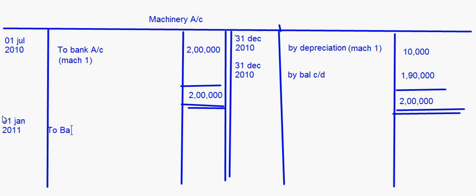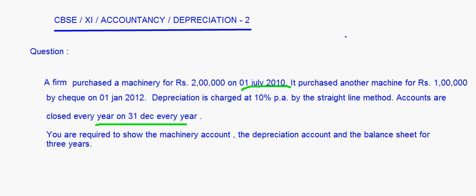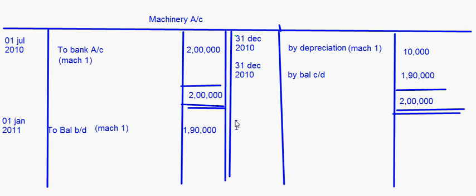Now after this, the second year, this is 2 lakh. Here, this will be 1st January 2011, to balance brought down 1,90,000. Now this is the balance carried down for machine 1 basically, so it will be better if you write machine 1 here.